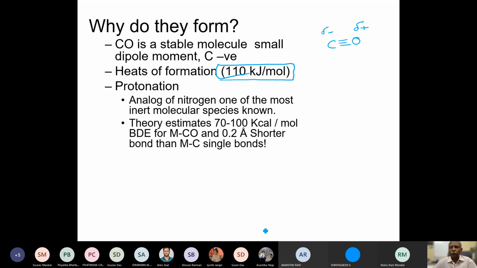Why is it that carbon monoxide is able to form a complex with iron, which has got a very high lattice energy? So all the metal atoms require very high temperature to volatilize them.